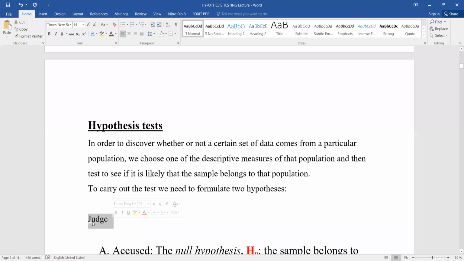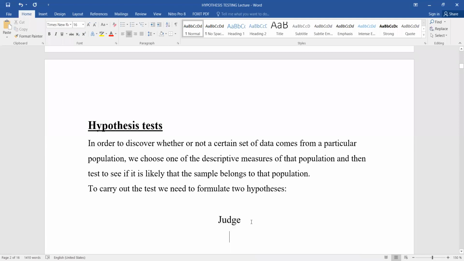Then we have the accused. Then we have the prosecutor. So we have the judge and then we have the prosecutor.